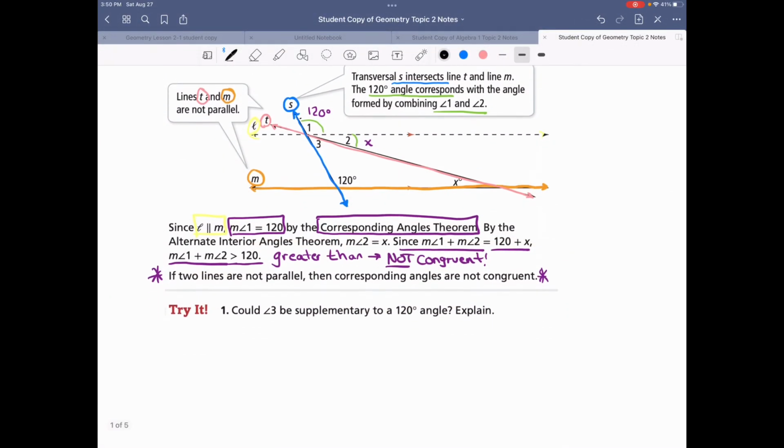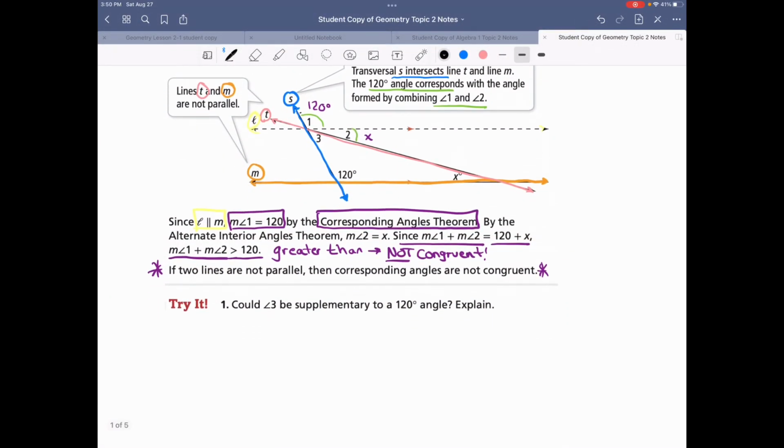On this try it question, we're asking if angle 3 could be a supplementary angle to 120 degrees. And we want to explain that. If you look up here, angle 1 is 120 degrees. And then we have angle 3 right here. So could angle 1 and 3 be supplementary?